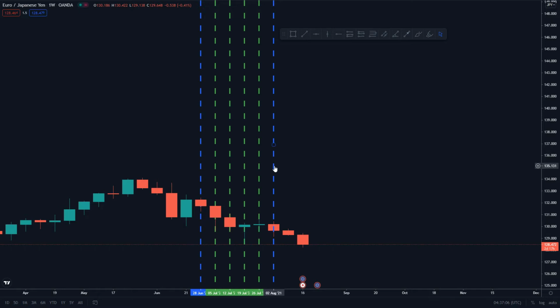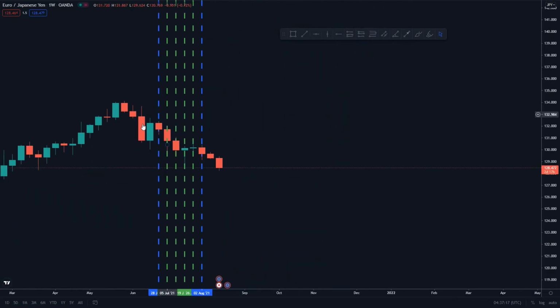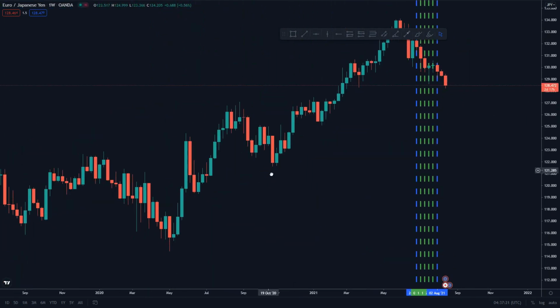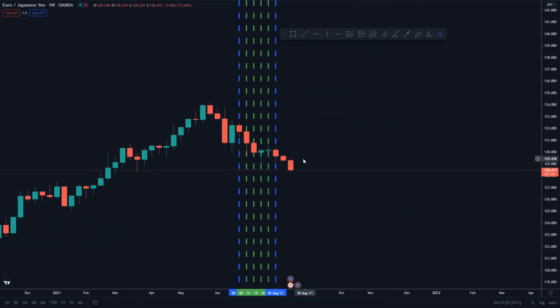And the other thing, guys, you ask me a lot is, do I tend to see whether the market is going up or down on higher time frames, like on the monthly time frame? We can all see that for a long period of time the market was going up, right? And the market was bullish.